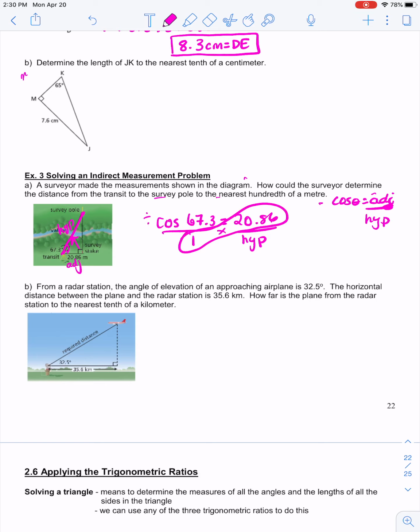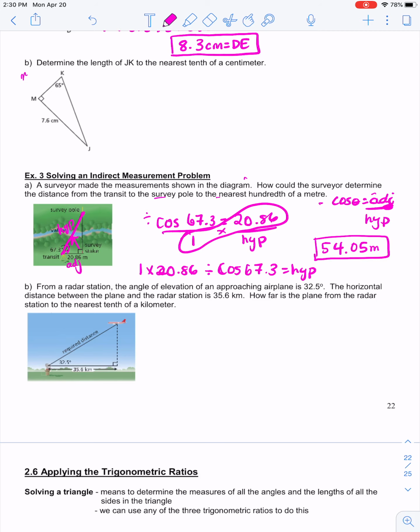So 1 times 20.86, divided by cos 67.3, will give me the hypotenuse. That's 54.05 meters, to the nearest hundredth, is the length that I'm looking for.